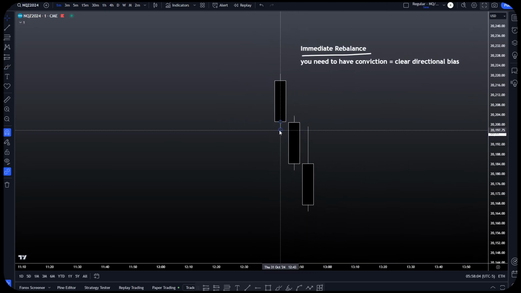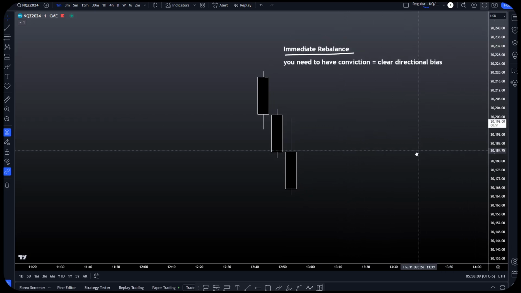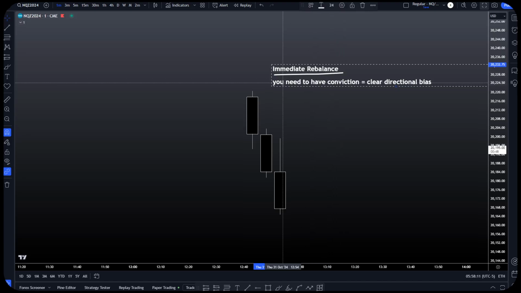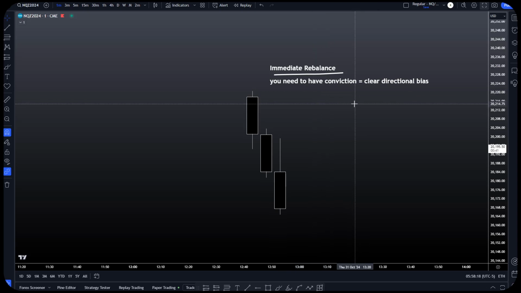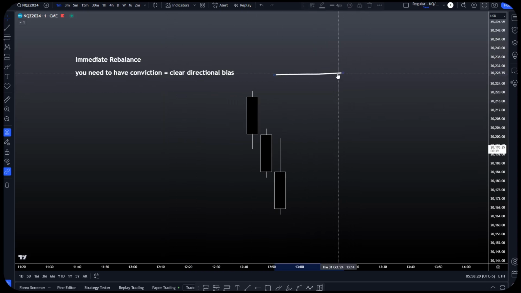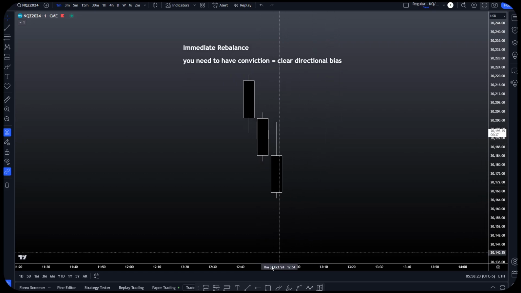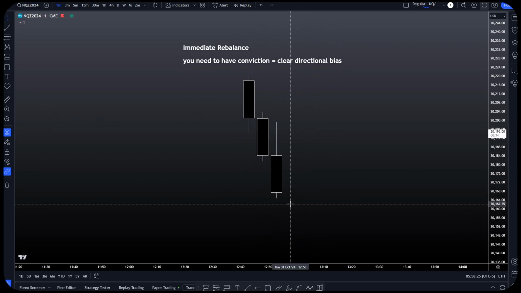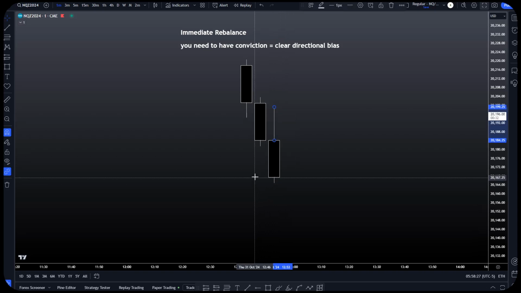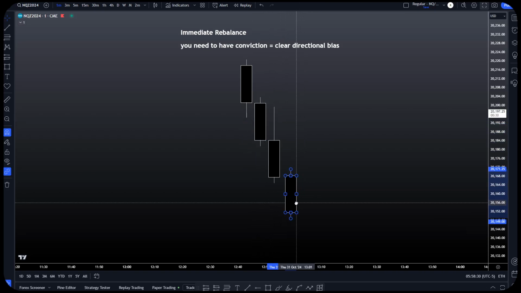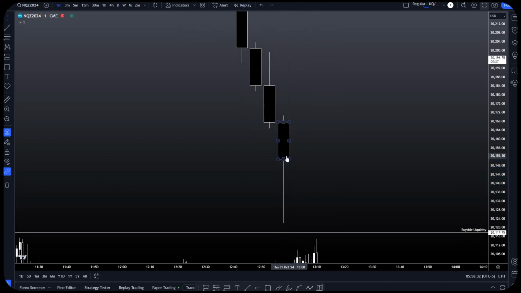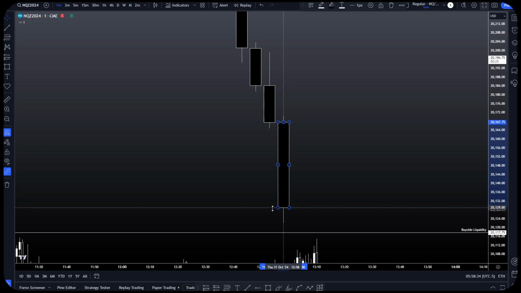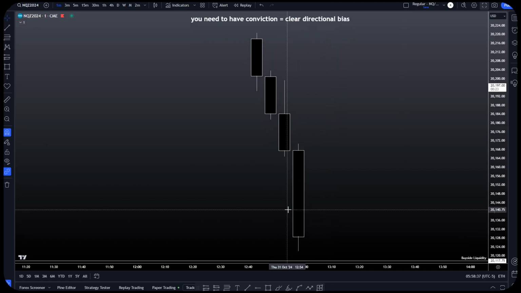It's very, very simple. But how ICT teaches to utilize this is, you need to have conviction, a clear directional bias, and when you do have that, let's say we are strongly bearish, we get this kind of immediate rebalance. This is a very good indication that soon we are going to have a strong displacement expansion down, exactly like this.